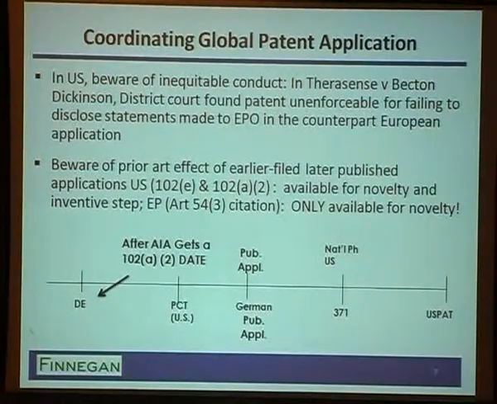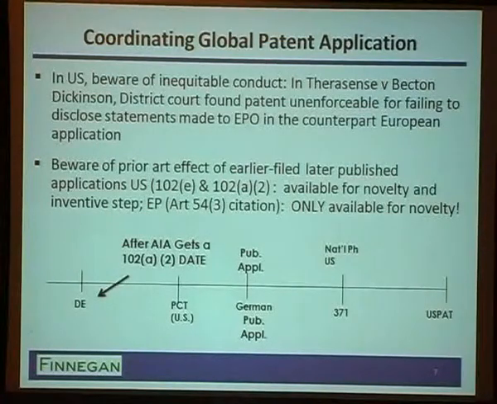Whereas in Europe, we have what is called an Article 54(3) citation. That means that particular reference has to satisfy certain requirements, and some of the requirements are that you have to enter Europe, and you have to have the specification in one of the official languages. And in these instances, this is only applicable for novelty. So you have to understand this difference.